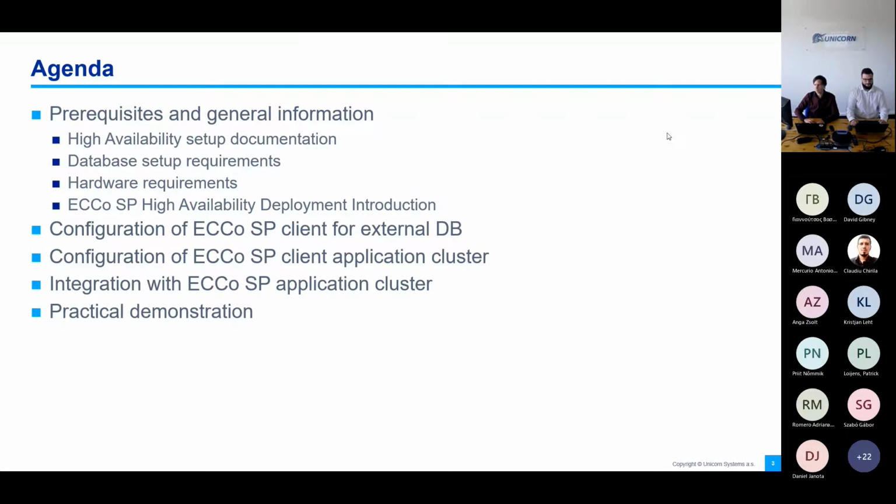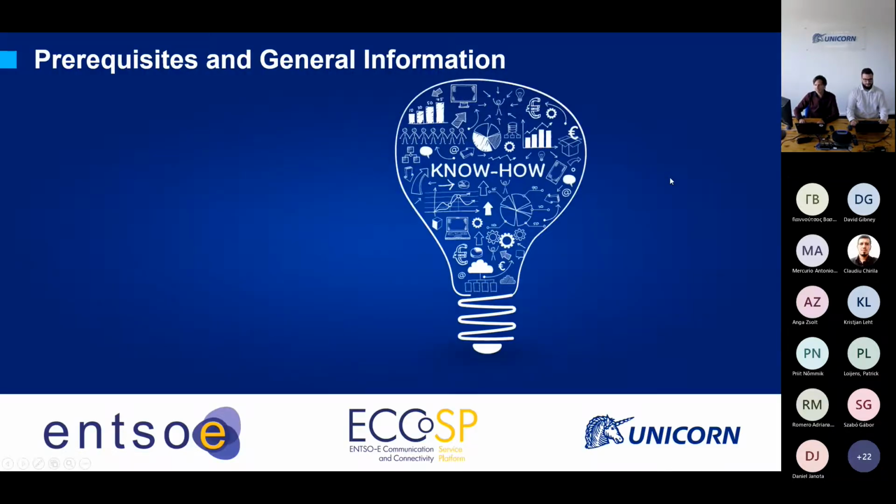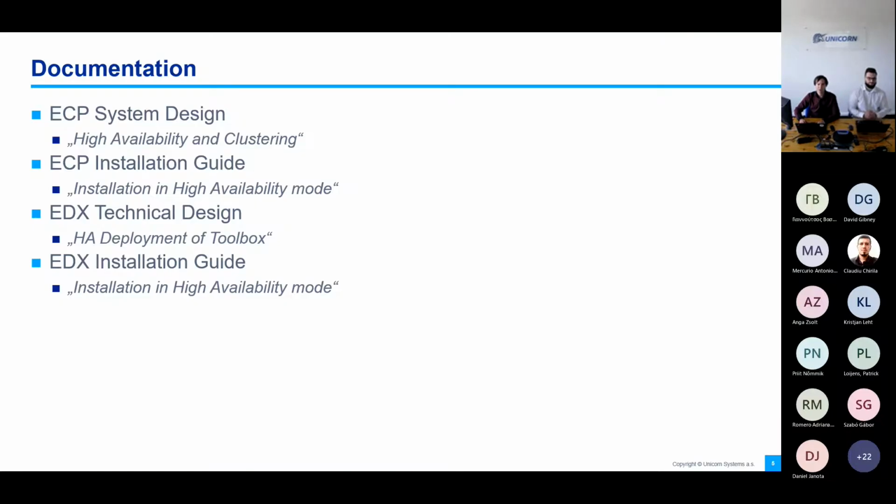Okay, so let's move to the first topic, which is some general information about the high availability. Firstly, everything that is presented today is available in the documentation. High availability of ECP components is described in the ECP system design in chapter High Availability and Clustering, and in the ECP installation guide in chapter Installation in High Availability Mode.